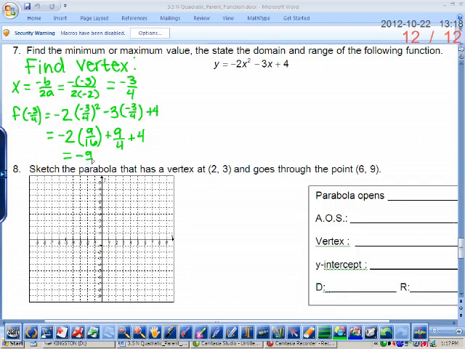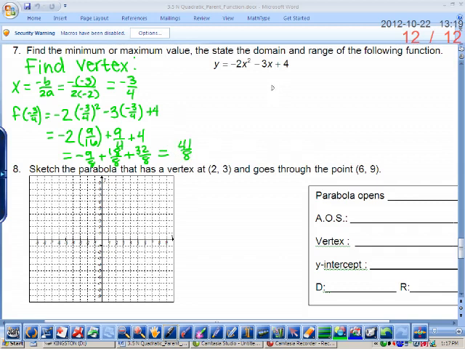Okay, negative 9/8. Plus, how could I rewrite 9/4? 18/8 plus, how many eighths for 4? 32 eighths. Negative 9 plus 18 is 9 eighths plus 32, 41 eighths.